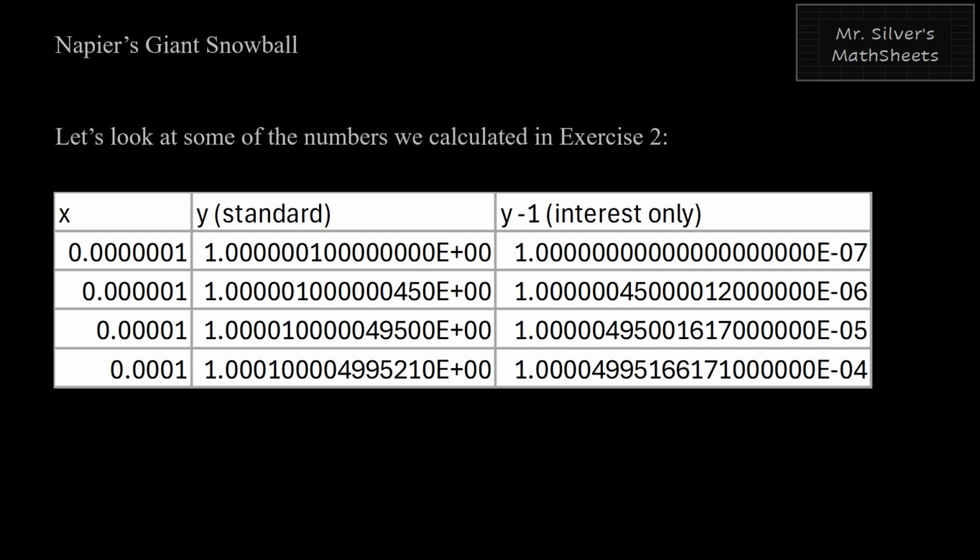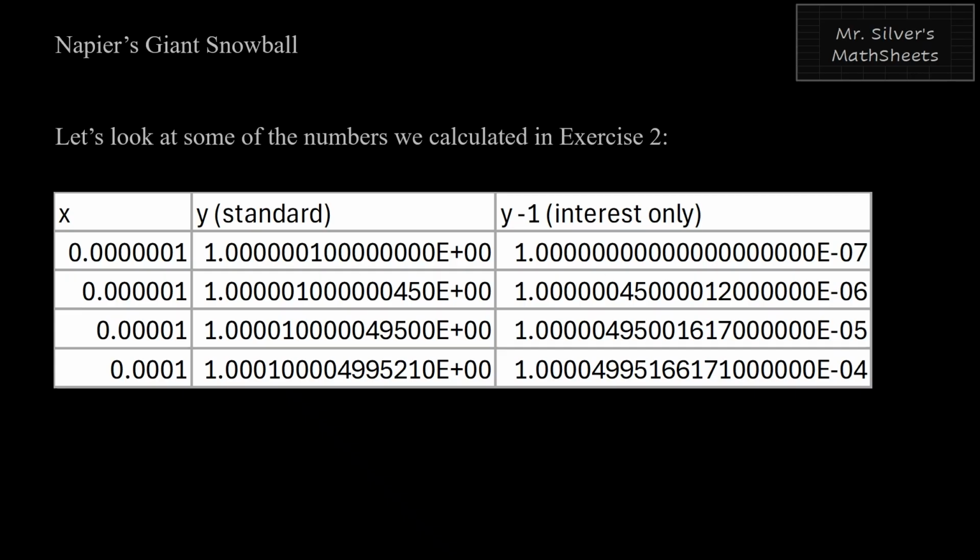So we compare the standard and the interest only. And on the second row, the number ends in 45. Look at the column next to it. It ends in 45. 0, 0, 0, 0, 1, 2. Those are all digits we didn't see before.